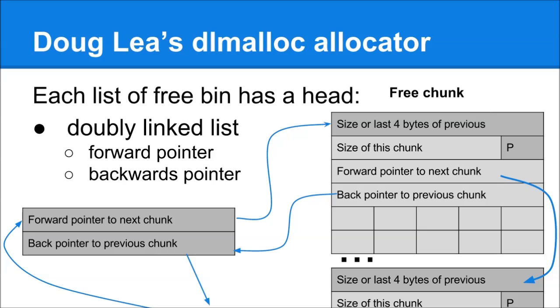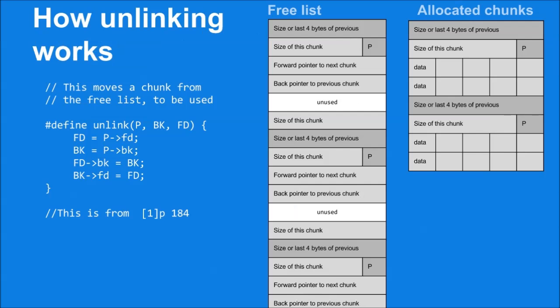Each doubly linked list consists of forward pointers and backward pointers. The very end points all the way back to the beginning. And so it's going to look like this. Let's explore how unlinking works. Can everyone see that? Okay, just want to make sure.